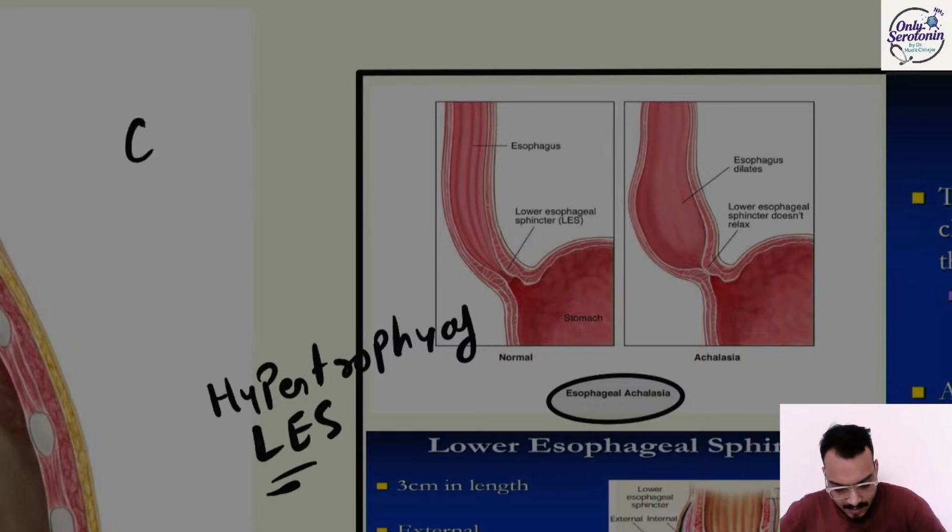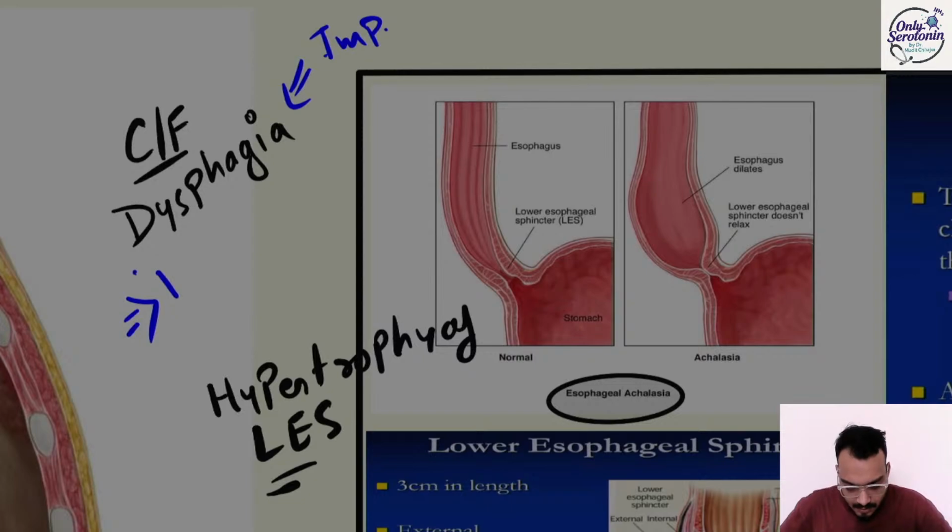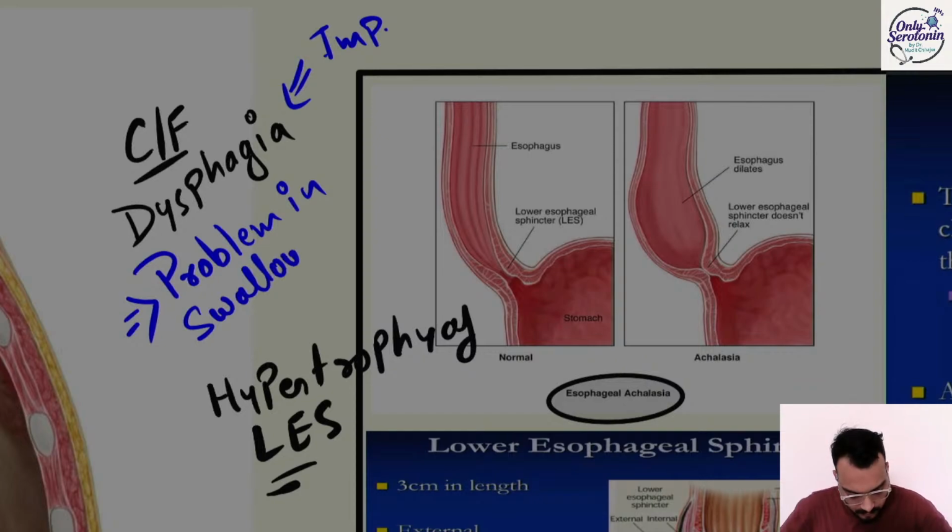This person is going to have one clinical feature, and it is known as dysphagia. If you want to know more about dysphagia, you can see my other video, clinical GIT part 2, right? I will ask everything about dysphagia. It is very important for your exams. In short, I will tell you here, dysphagia is what, guys? Dysphagia is a problem in swallowing. Problem in swallowing is known as dysphagia.